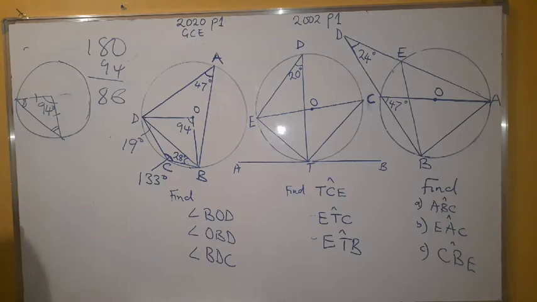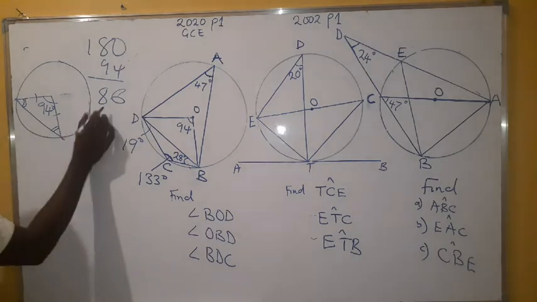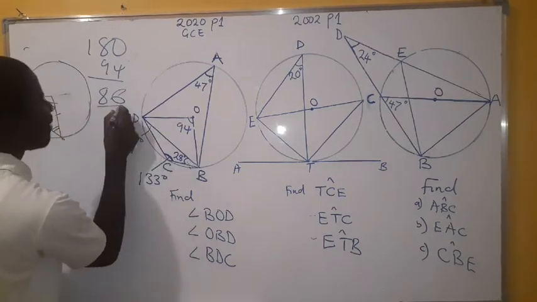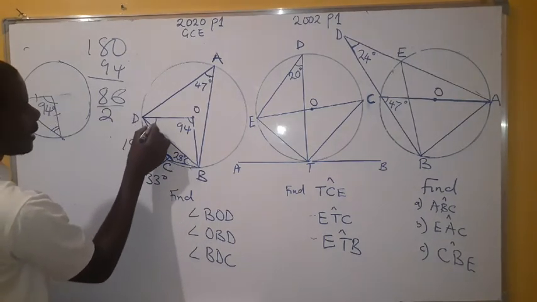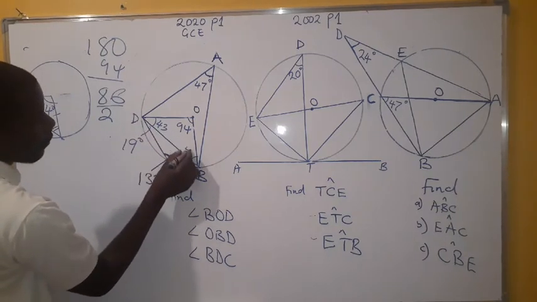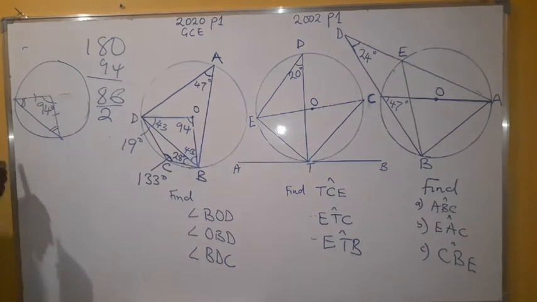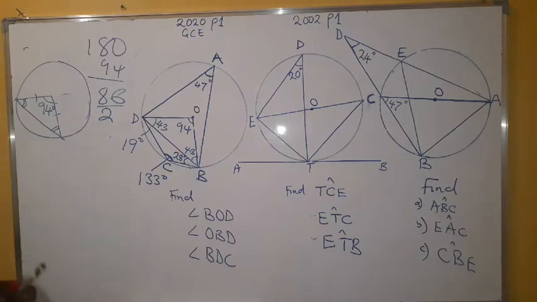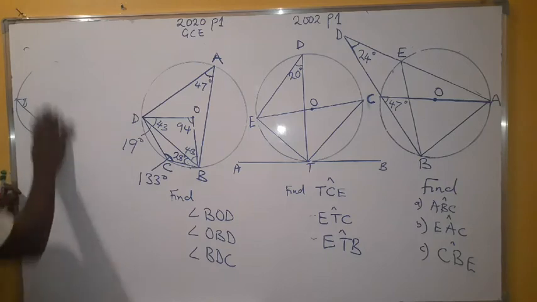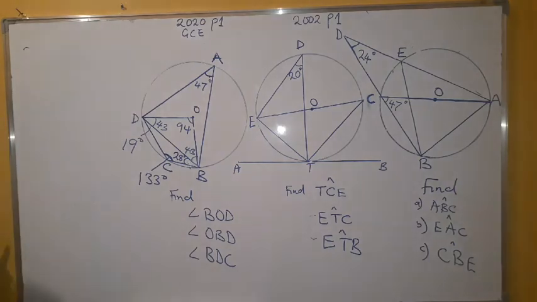So our 86 is the sum of these two angles, so we need to divide by 2 so that we get each of these angles. What do we get? 43. Okay? So I don't know if there's still an angle that we can find here using this information.